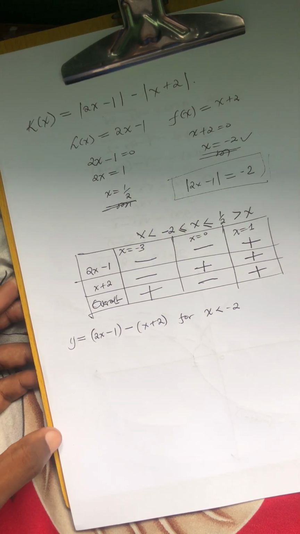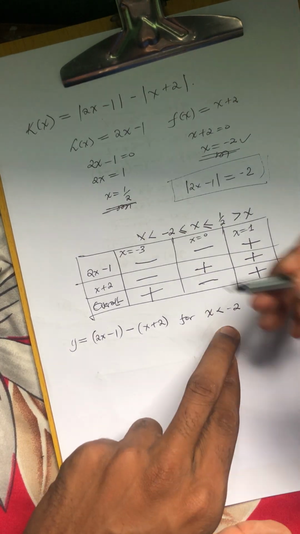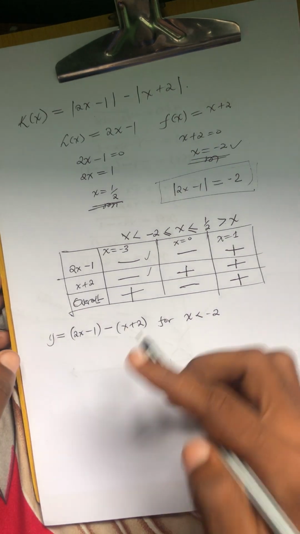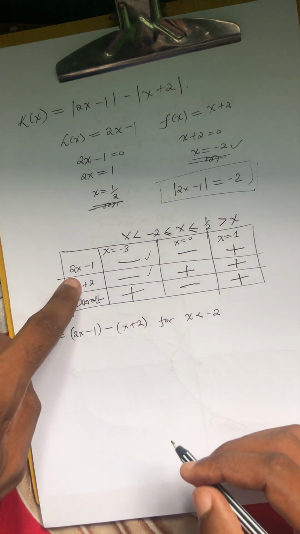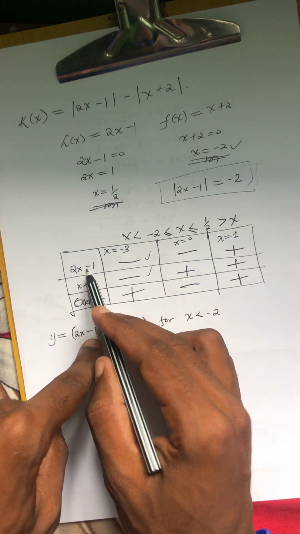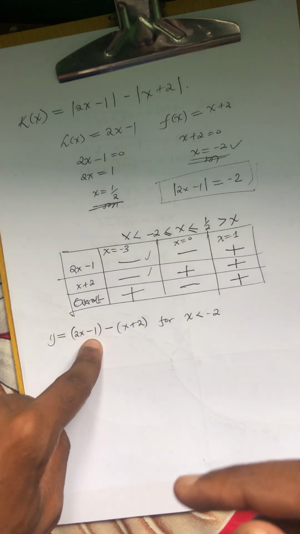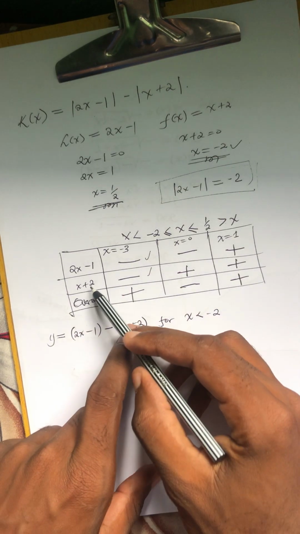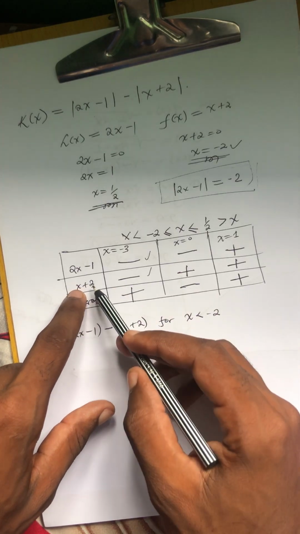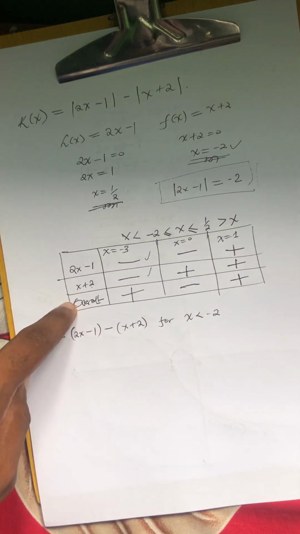Since this region gave us a negative for the first function, in front of it we put a negative so that it changes into a positive. Even for the second one, we put the sign which we got from this function, so that it changes into positive.